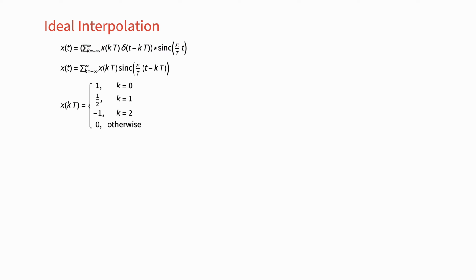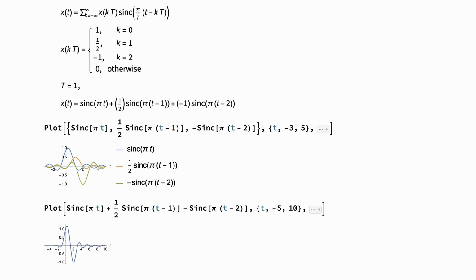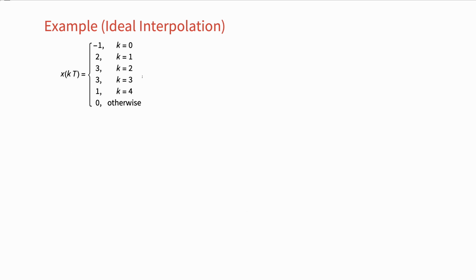For example, given the samples shown here and the sampling period of 1, the original signal can be reconstructed as shown here. We can plot the sinc functions corresponding to each of the samples, and the sum of these sinc functions gives the original signal as shown here. Let's look at another example.